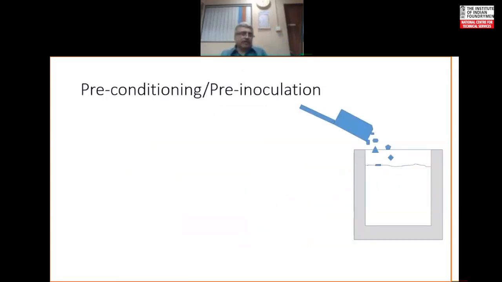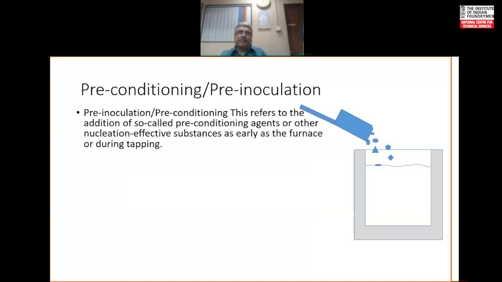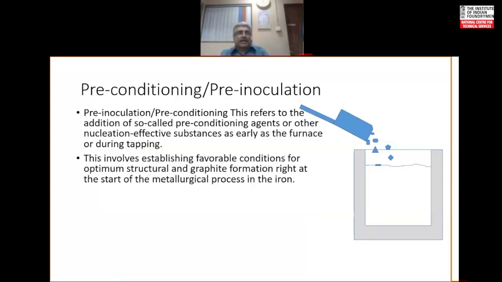Very quickly, what is preconditioning or pre-inoculation is the addition of preconditioning agents, that is various alloys that we discussed, which have nucleation effective substances early in the furnace or during tapping. This enables or it makes favorable conditions for getting the optimum structure or graphite formation.